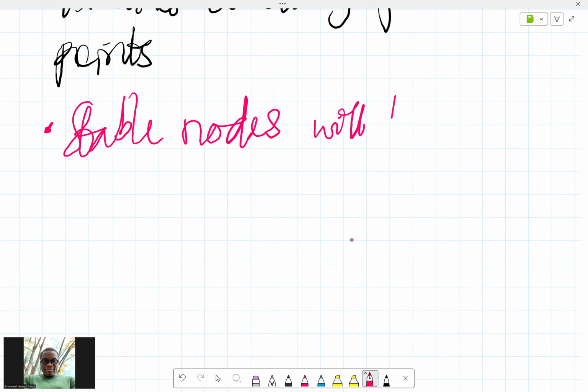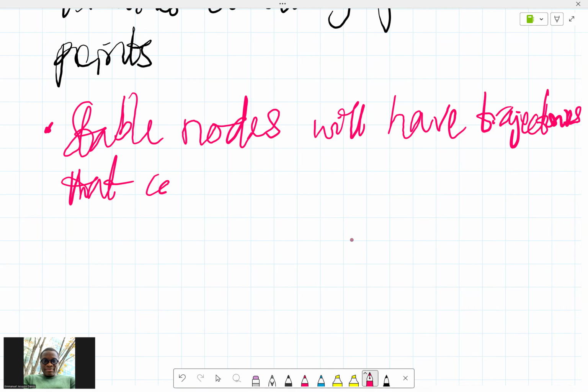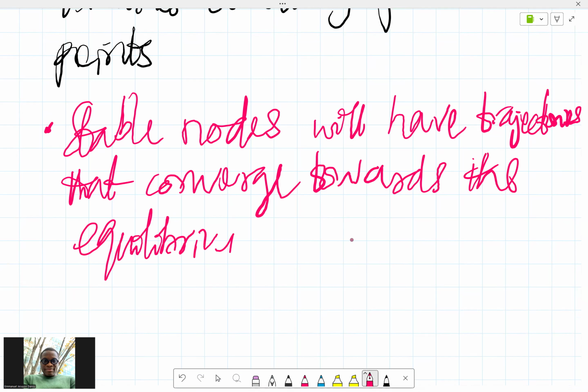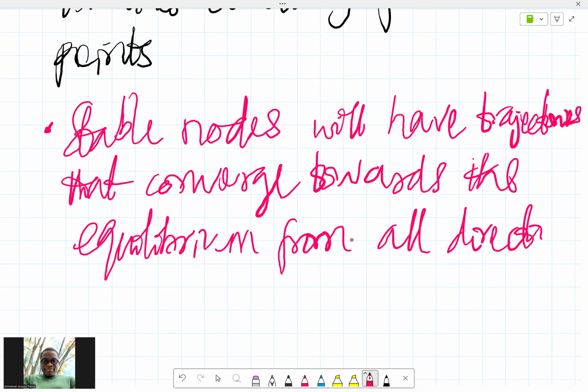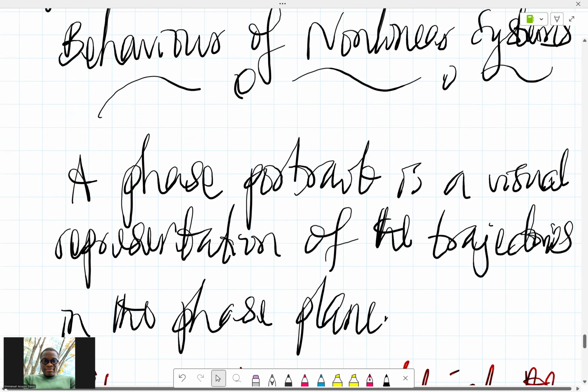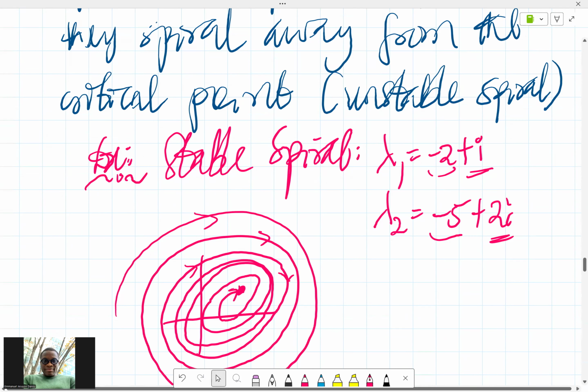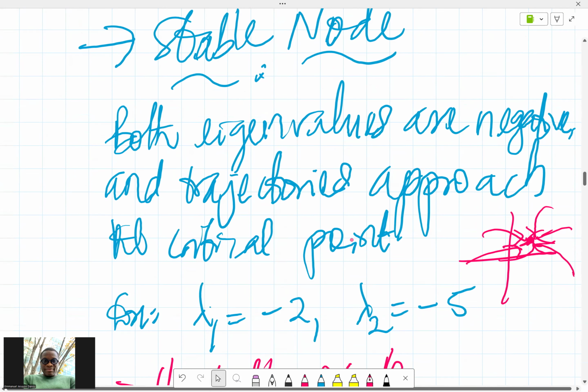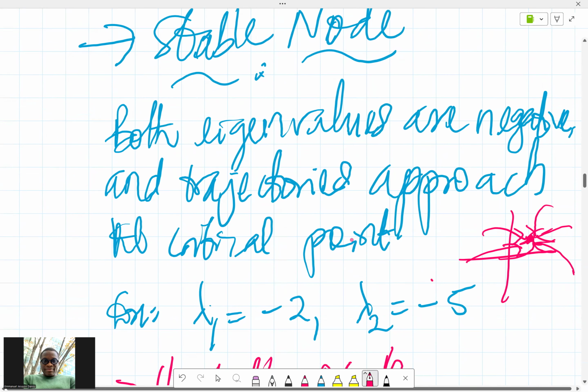So stable nodes will have trajectories that converge towards the equilibrium from all directions. I think I showed that previously. This is a very good example of a stable node. From all directions, everything goes into the critical point.